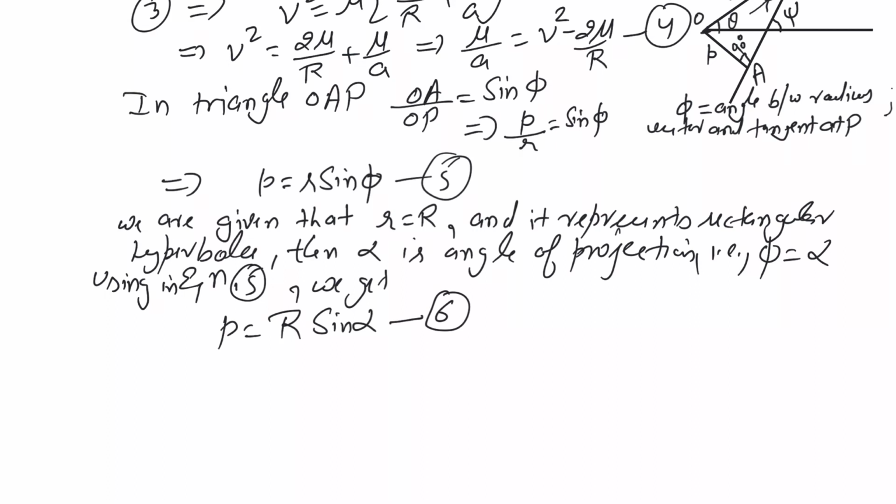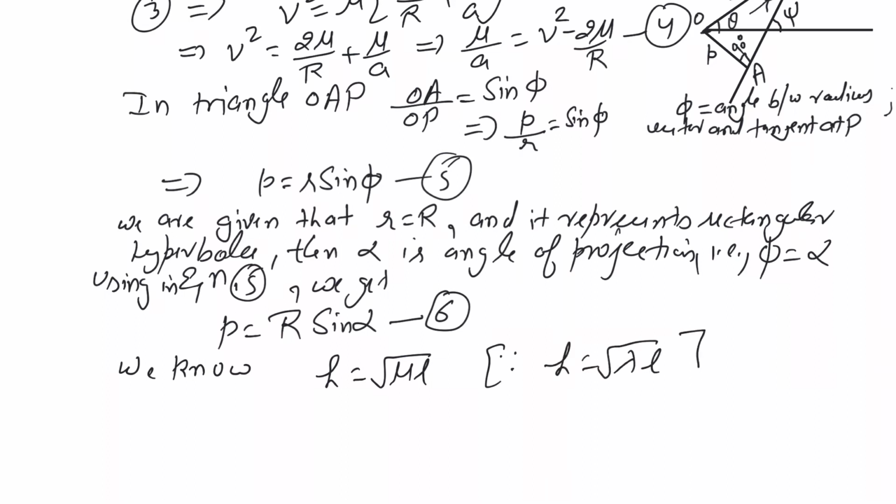From the hyperbolic orbit article, we know that h is equal to root mu L, because there it was h is equal to root lambda L when we derived the law of the force. But here we have taken mu instead of lambda because mu is given in the problem, so it is our foundation that we cannot take anything other than mu.